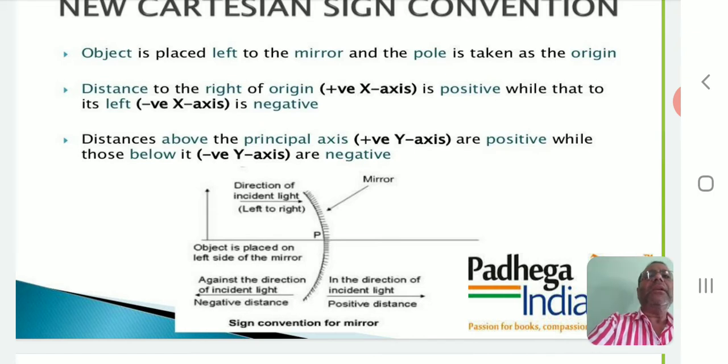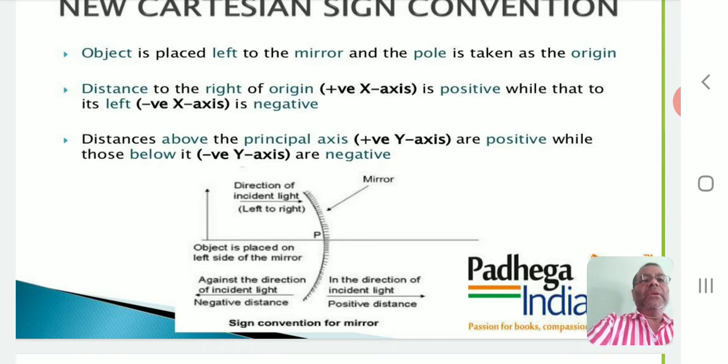The rule is very simple: if the object is placed to the left of the mirror and the pole is taken as the origin, then the distance to the right of the origin on the x-axis will be positive, while that to its left is negative. Very simple. Likewise, along the y-axis, above the x-axis the sign will be positive, and below the x-axis, the sign will be taken as negative.